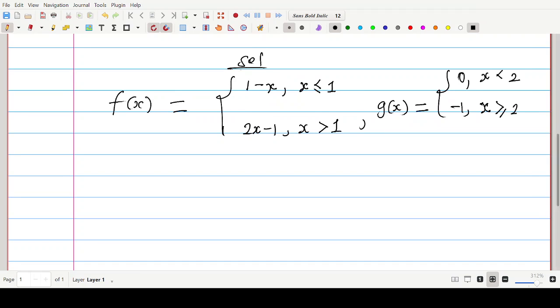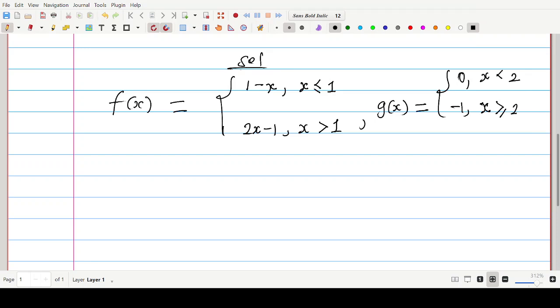All right, so one thing you should understand, in trying to find the sum of functions, we must determine the domain. When dealing with functions, the domain is very important. Many people deal with functions blindly without considering the domain.